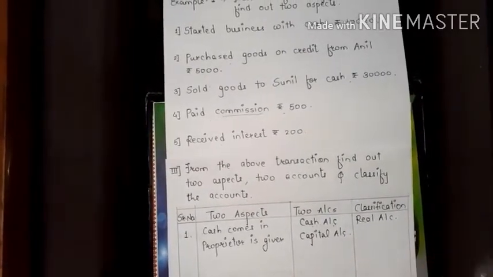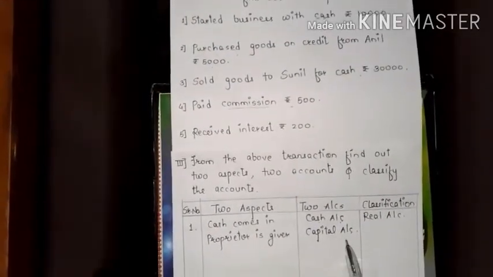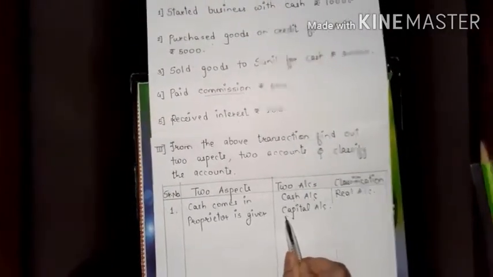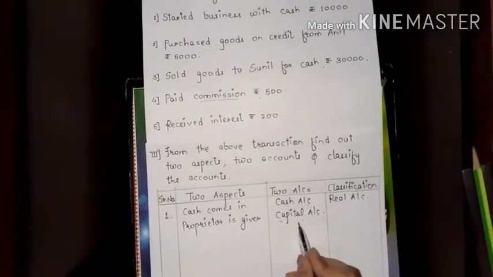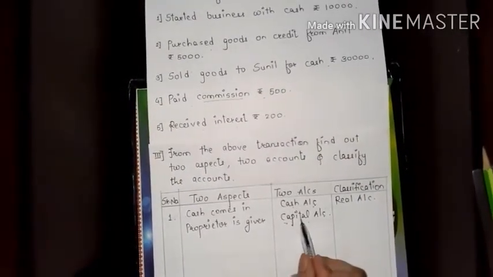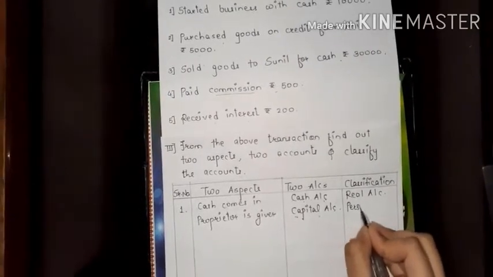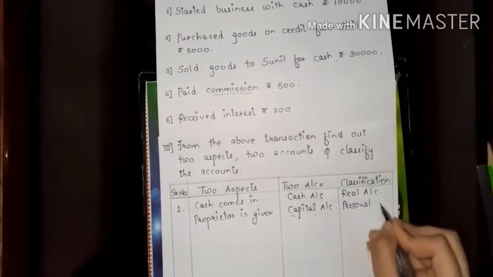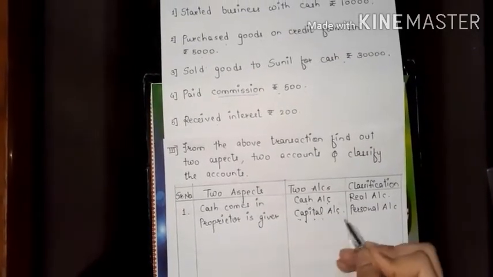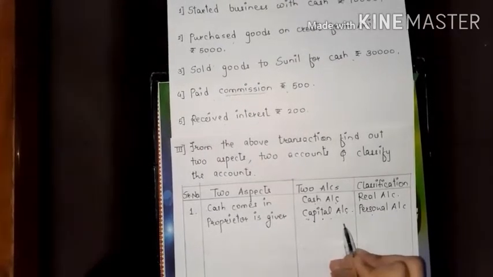Okay. Now capital account. As the owner has invested in his own business to start the business in the form of capital. It is our personal thing. We have personally invested in the business. So it is going to be personal account. Now what is the rule for it? Debit the receiver, credit the giver. As the owner is the giver of the capital, so personal account will be applied to capital account.